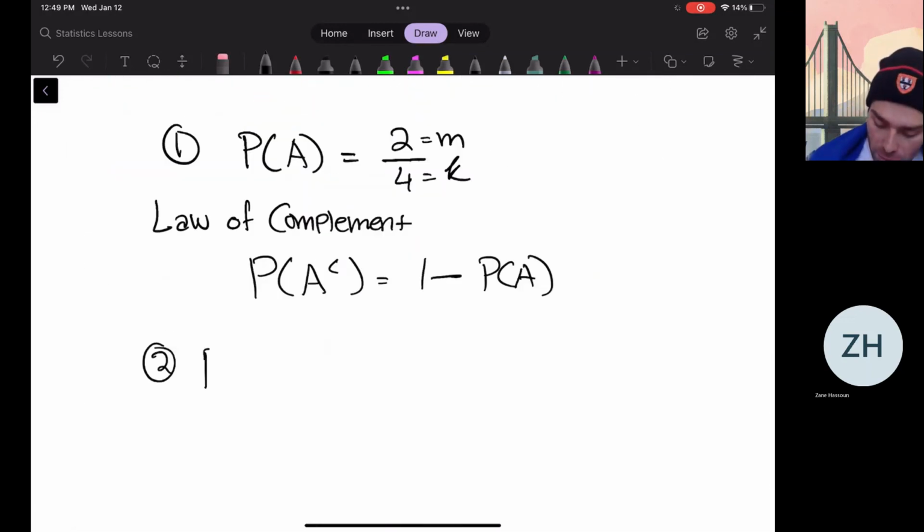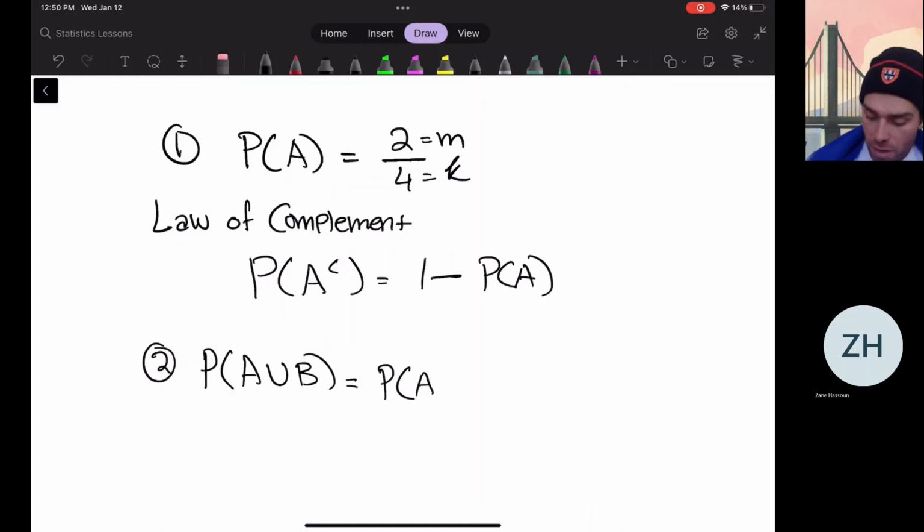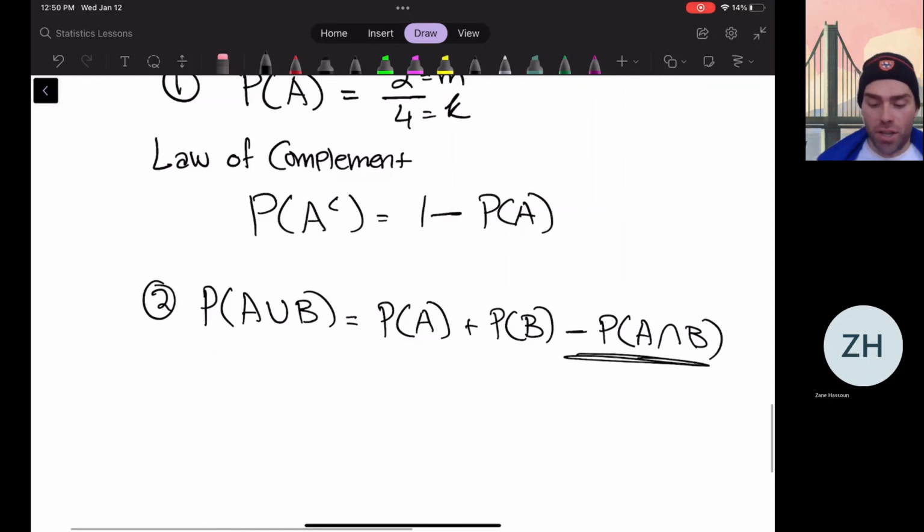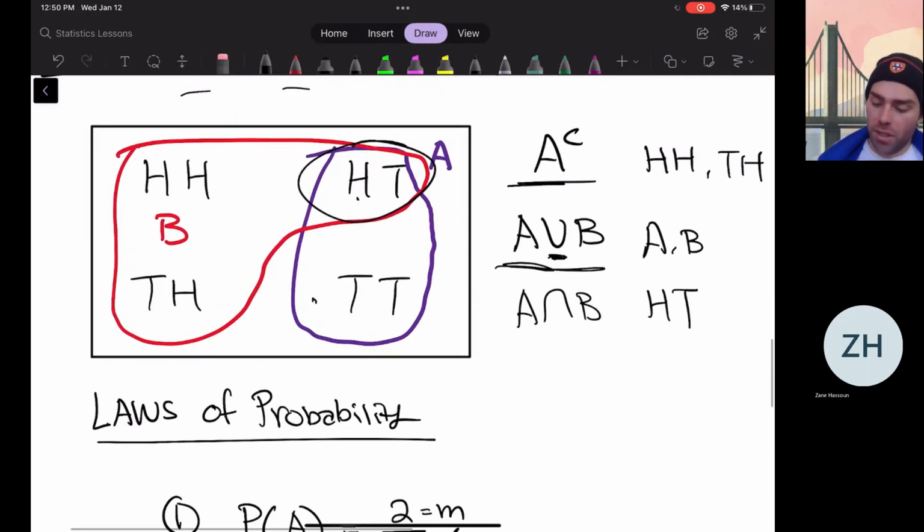Addition law. Like I spoke about before, the probability of A union B equals the probability of A plus the probability of B minus the probability of A intersection B, because this is accounting for double counting, because otherwise we get a probability, say in our case, of greater than 1, which is not possible in probability.